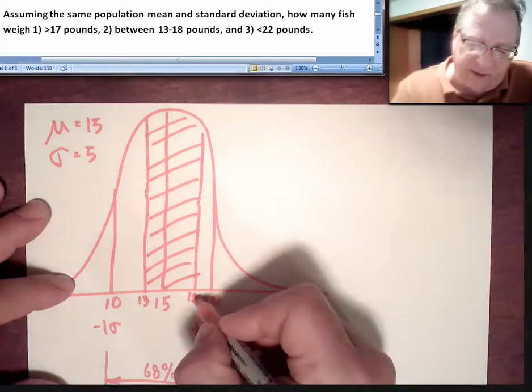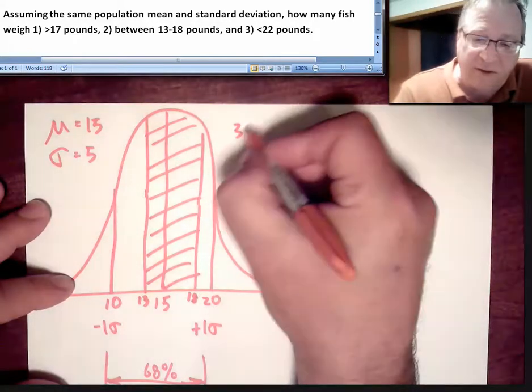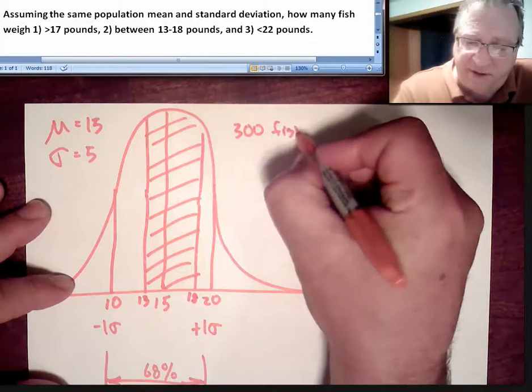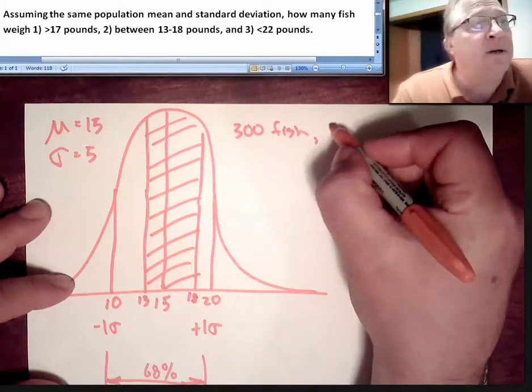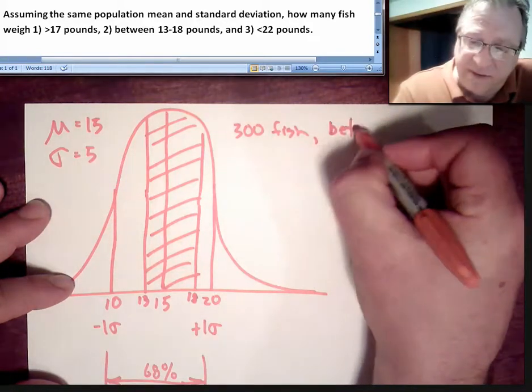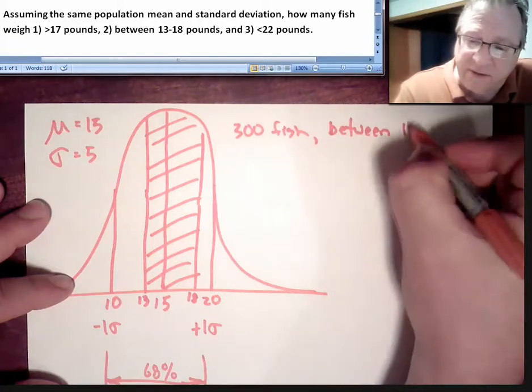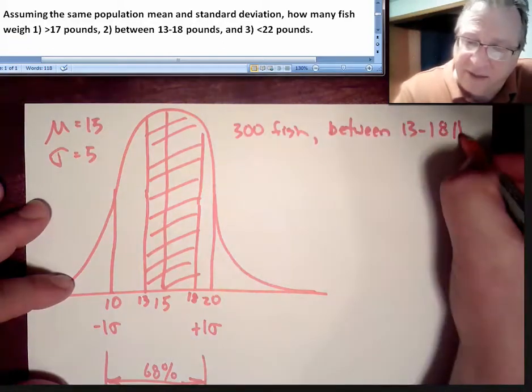Between 18 and 20. Yep, 300 fish between 13 and 18 pounds. How many?